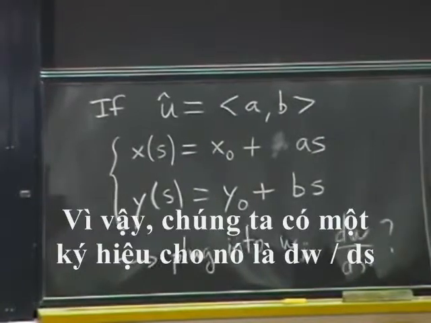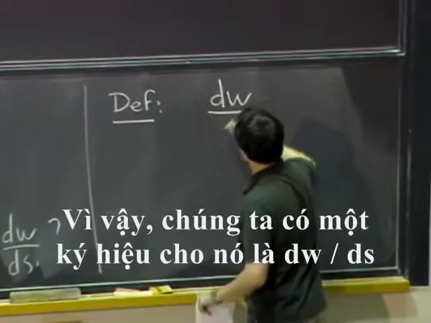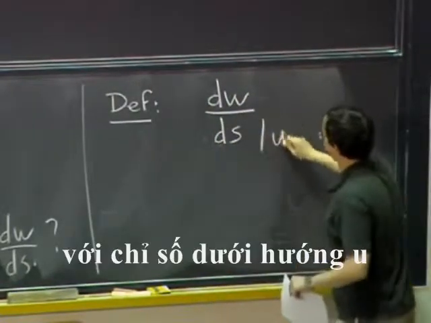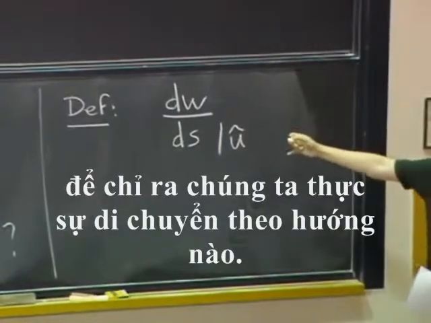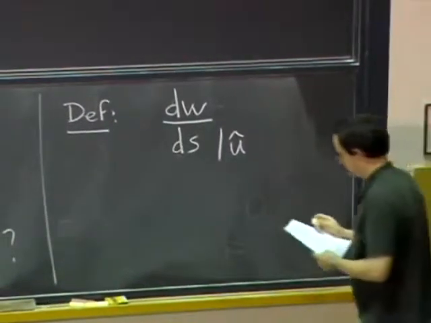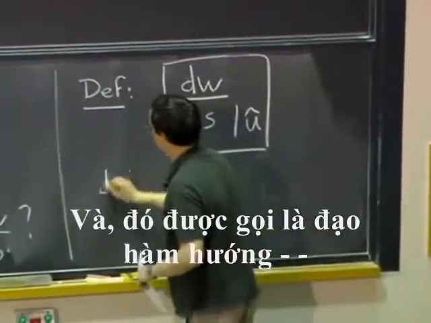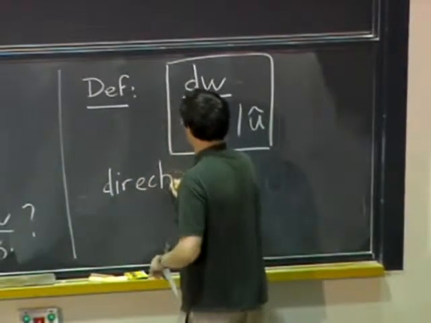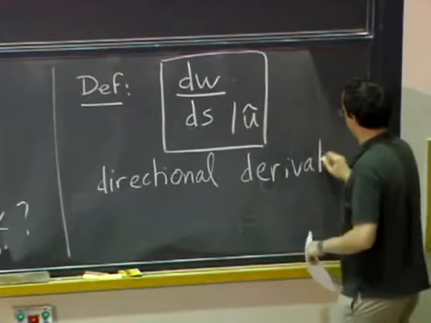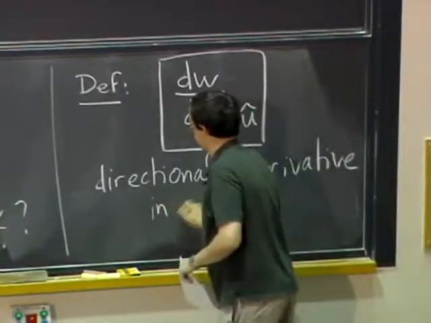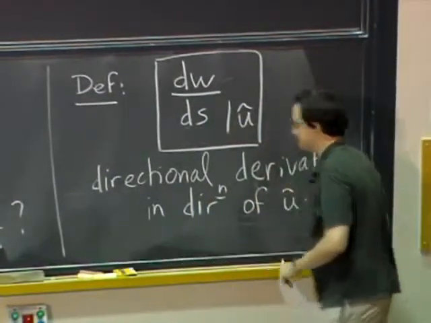So we have a notation for that, which is going to be dw ds with a subscript u, in the direction of u, to indicate in which direction we're actually going to move. And that's the directional derivative in the direction of u.